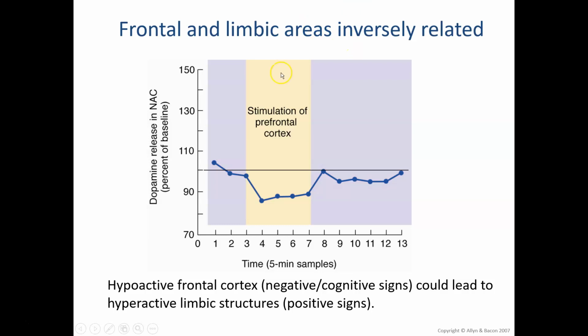What's going to end up happening is because that frontal area is so inhibited, that could lead to the enhancement of limbic activity, like in the nucleus accumbens and the amygdala, and thus we then get those positive signs. So a hypoactive frontal cortex creating those negative and cognitive signs because of this relationship could lead to hyperactive limbic structures and the development of things like hallucinations or delusions.